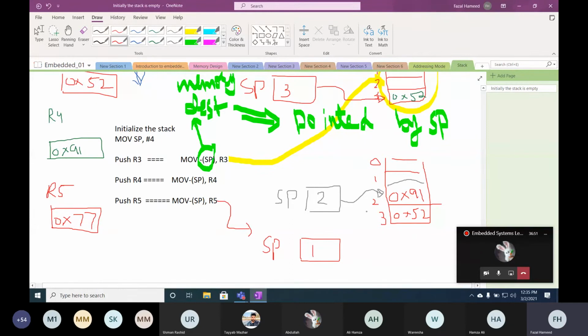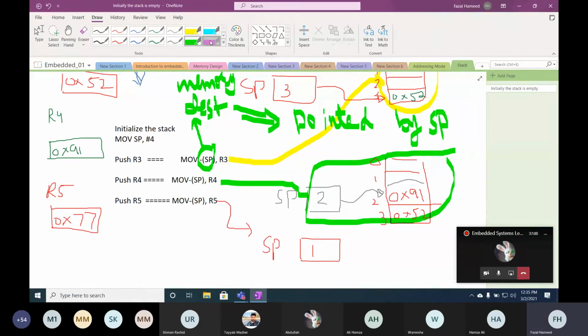For this example, we have for R4 this status of the memory, and for this example the status of the memory will look like this.